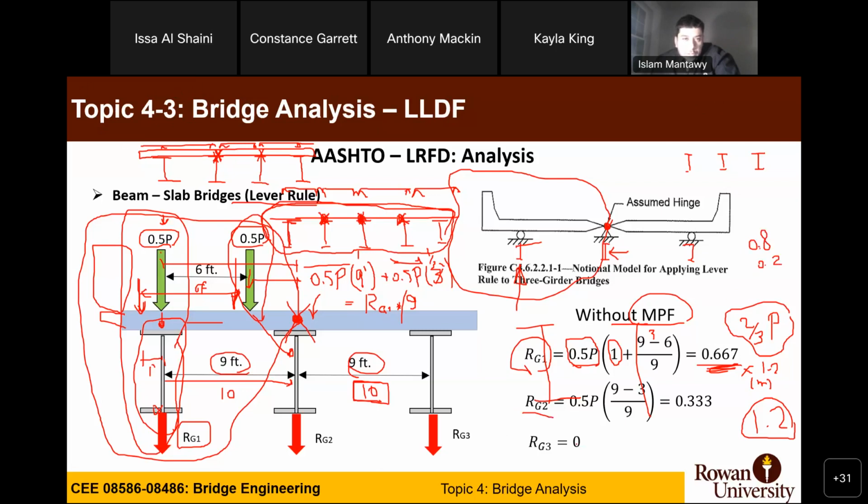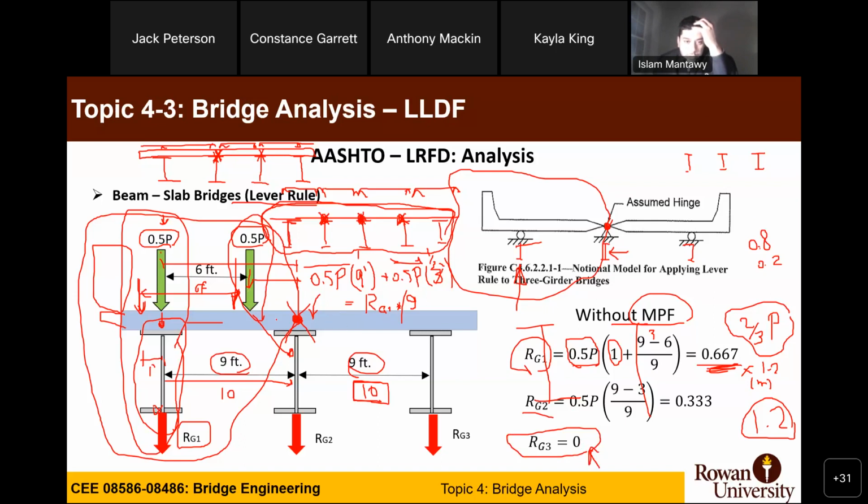I have a question. Why do we have girder 3 as 0? Yeah, I'll go over it. Girder 3 is 0 because the hinge is there, and there is no axle load, no wheel over this point, correct?